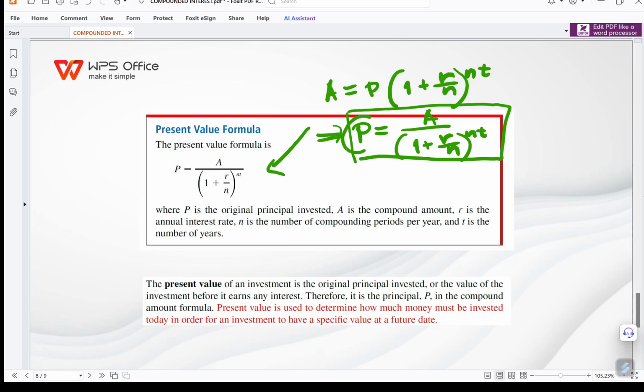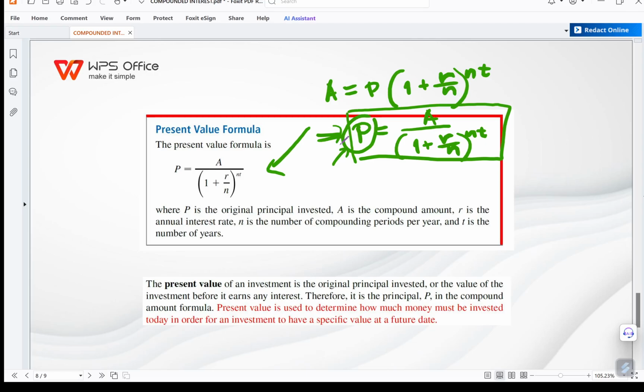We are interested in P, or the initial amount. So what is the initial amount to get something? Here P is the original principal invested, A is the compound amount, R is the annual interest rate, N is the number of compounding periods per year, and T is the number of years.